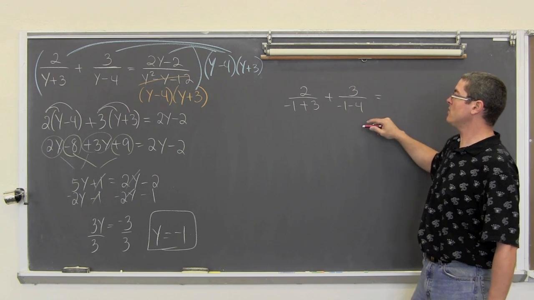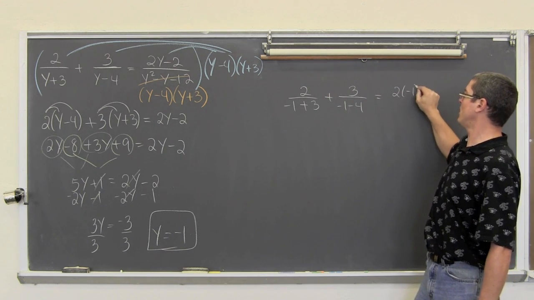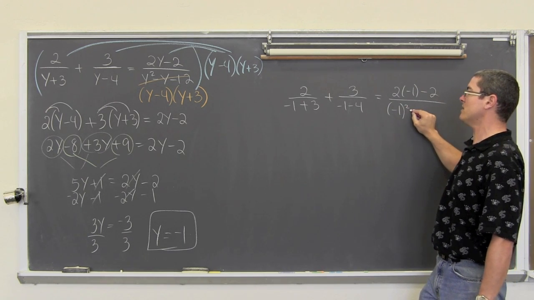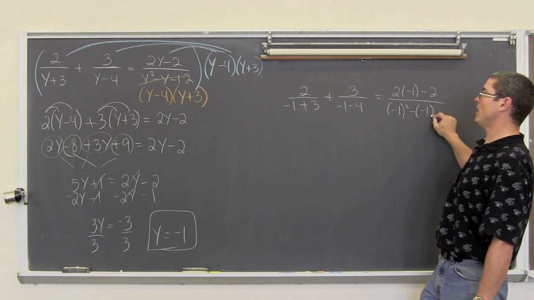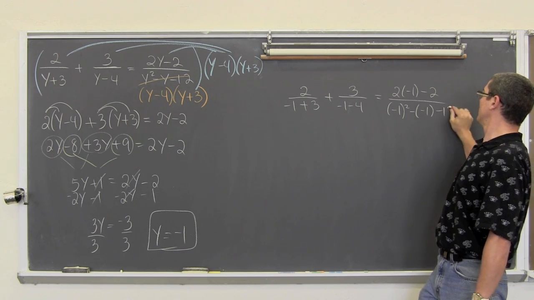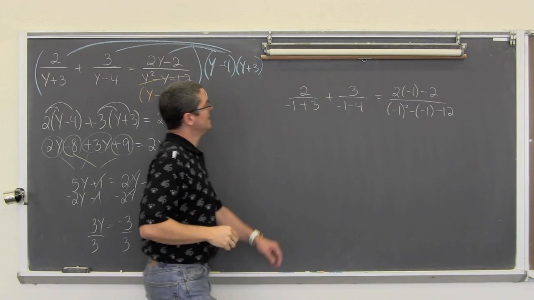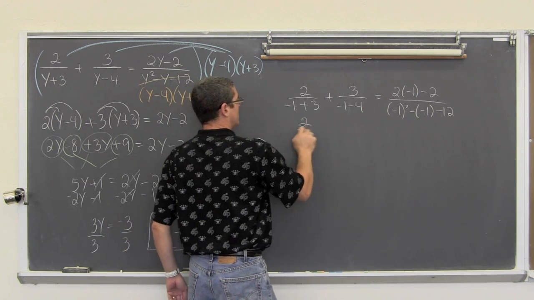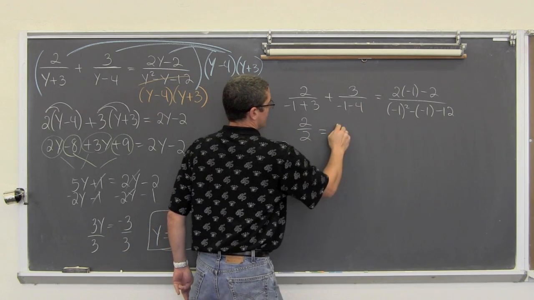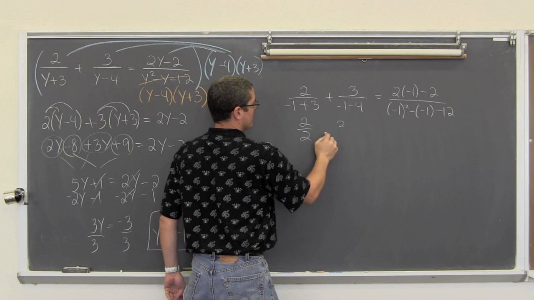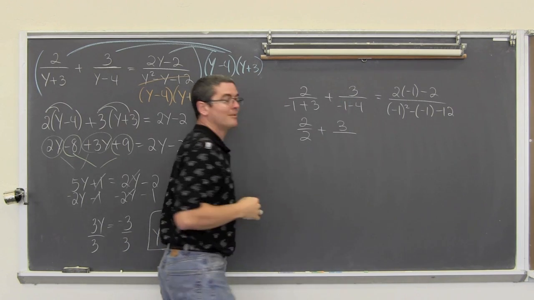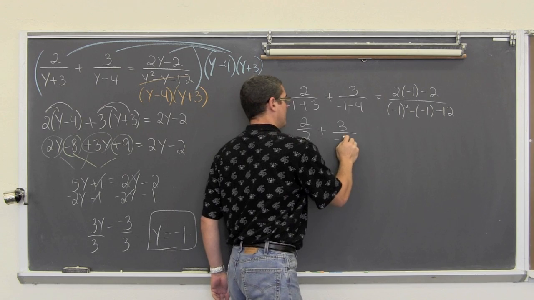minus 4 equals 2 times -1 minus 2 over -1 squared minus a -1 minus 12. We have -1 plus 3 is 2, so we have 2 over 2. We have plus 3 over -1 minus 4, which is -5.